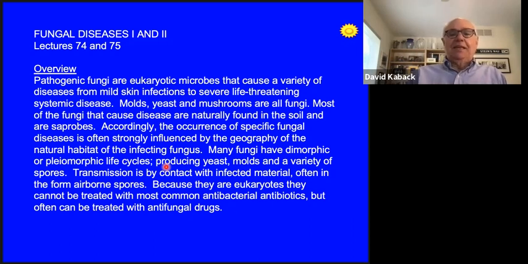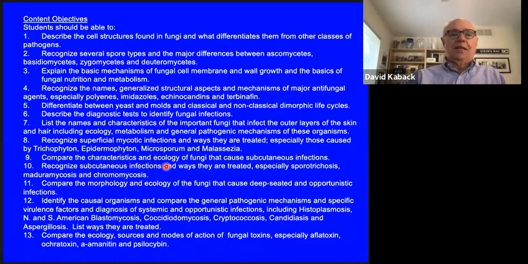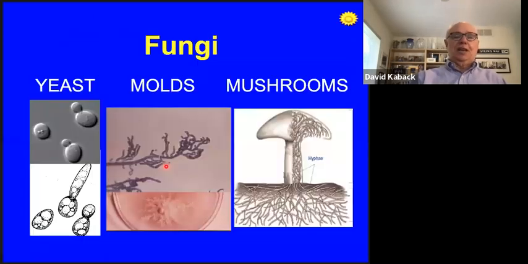Okay, with that in mind, here is this long list of objectives that I'm not going to read, but let's bring out the fungi, our category. What we're talking about when we're talking about fungi are yeast, which are single-celled fungi. They grow as single cells, shown here diagrammatically in a Nomarski optics picture.